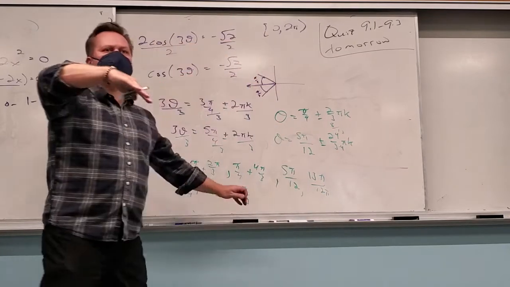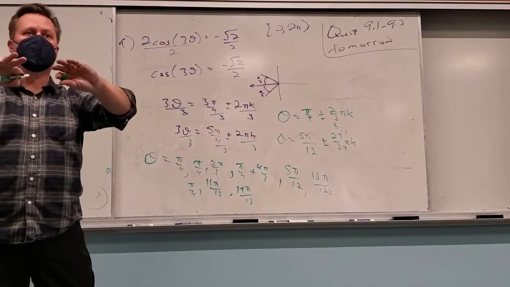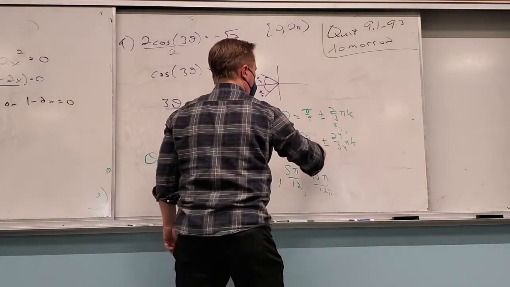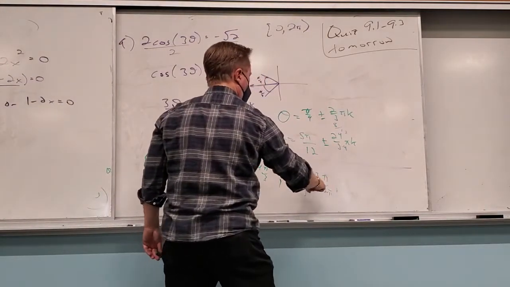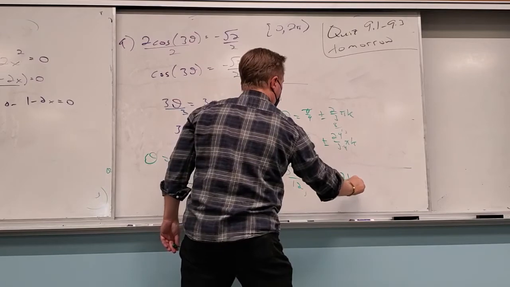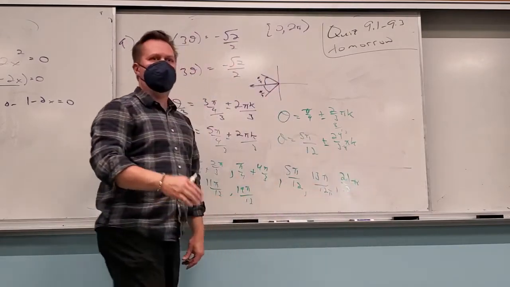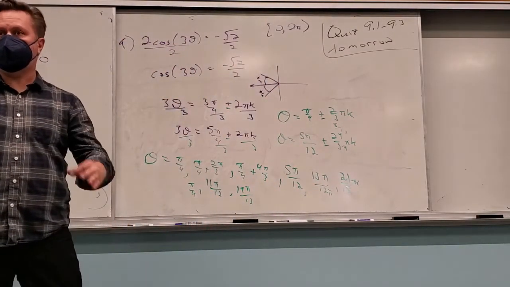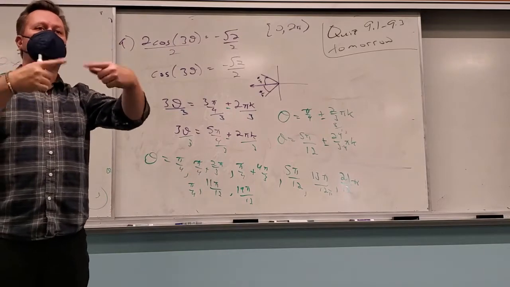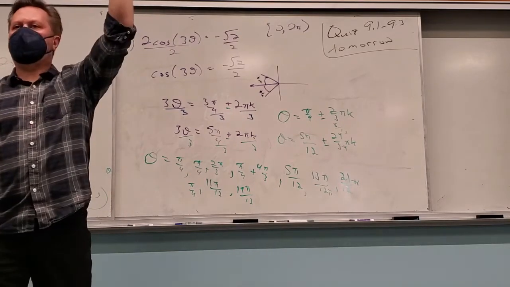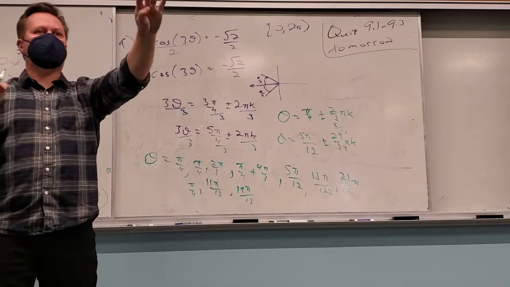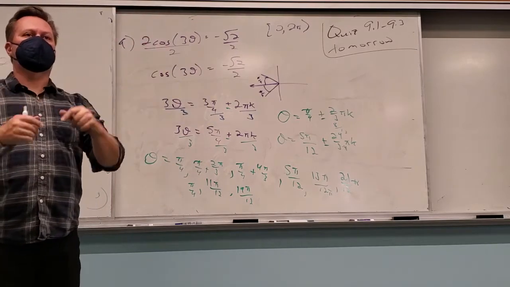That is just past pi. That's in the third quadrant. I'm still good. If I add one more 8/12 pi, that'll be 21/12ths. Do you see I'm still good? I haven't gotten to 24/12ths yet. That would be past 2 pi. If I try to do it one more time, I obviously go past 24 pi over 12. That's 2 pi, right? So I can stop right there.